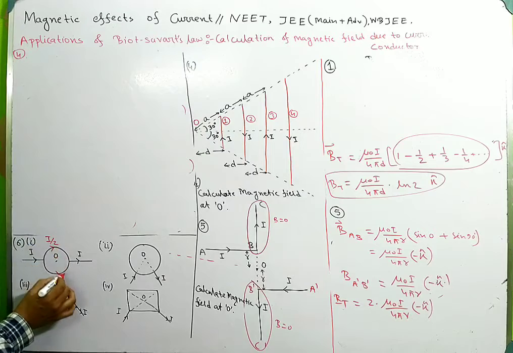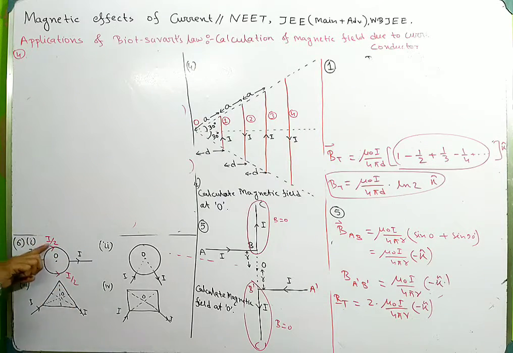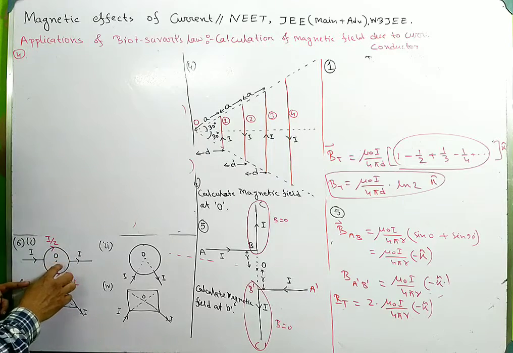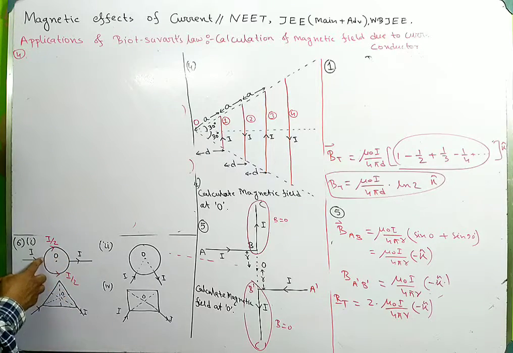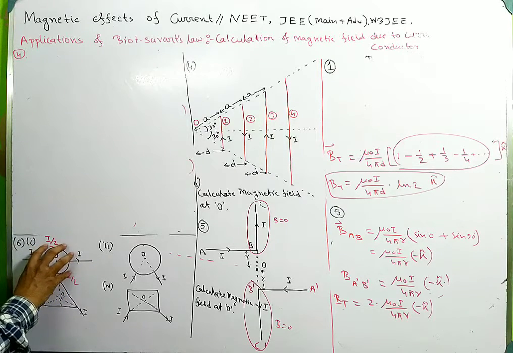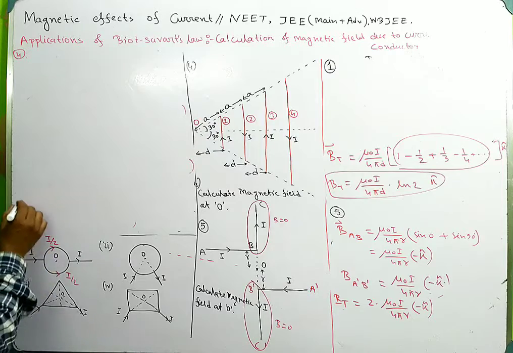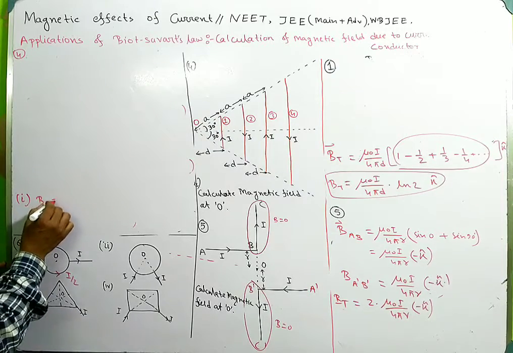This will be half I, this will be half I. If I calculate the magnetic field for the upper portion, the direction will be inward. For the lower portion, the direction will be upward. That is why the net magnetic field will be 0. So for this case, number 1, the magnetic field at O equals 0.